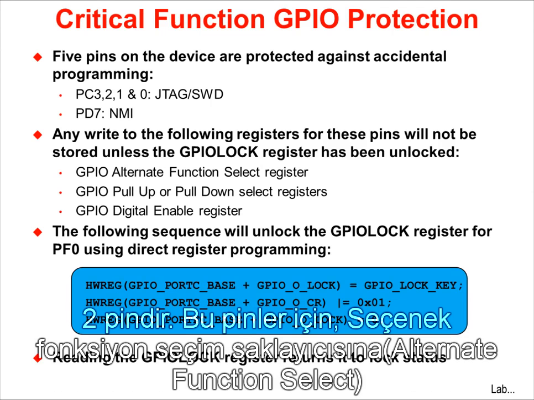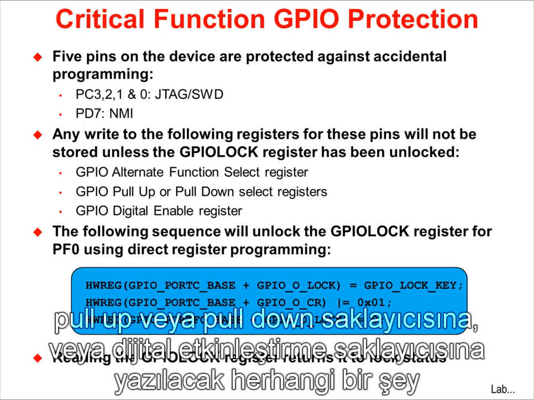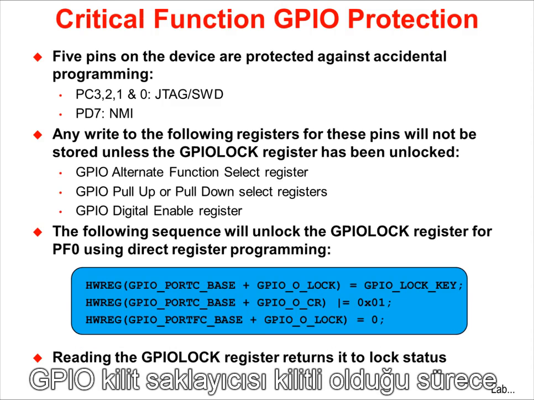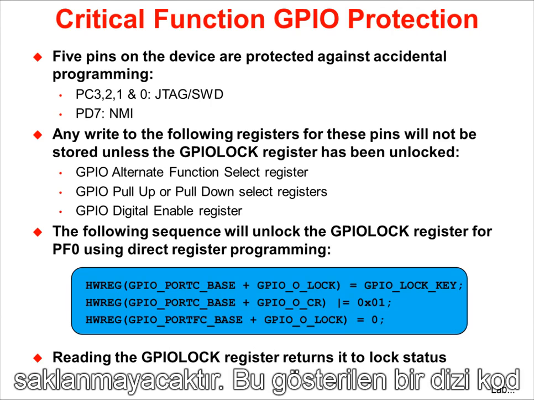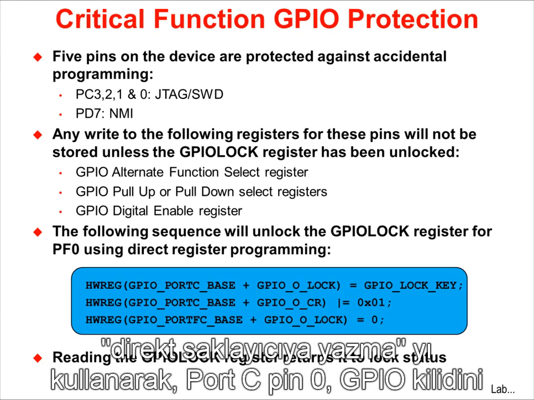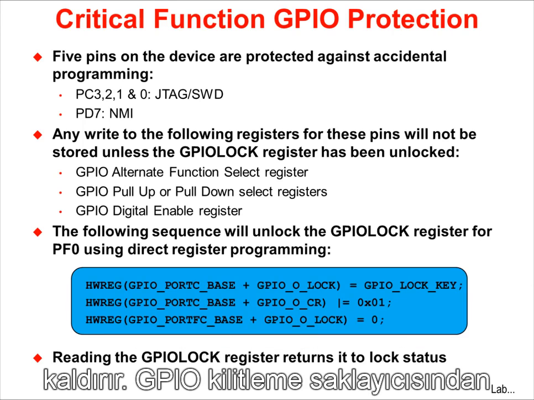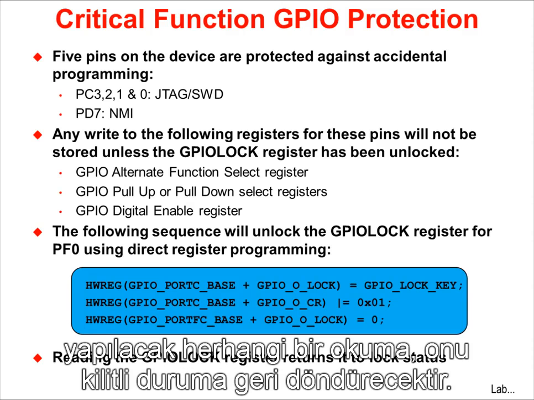Any write to the alternate function select, pull up, pull down, or digital enable registers for these pins will not be stored unless the GPIO lock register has been unlocked. The coding sequence shown uses direct register writes to unlock the GPIO lock feature of port C pin 0. Any read of the GPIO lock register will return it to a locked state.